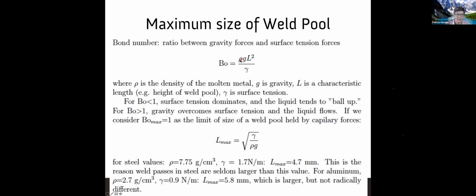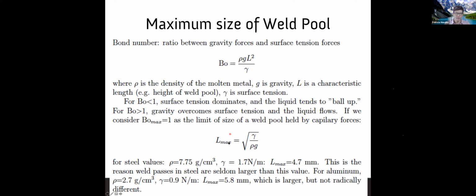Here we have, I didn't say in these symbols, rho, the density of molten metal. g is gravity. L is one characteristic size of the bead, let's say the height of the weld bead. And gamma is the surface tension.